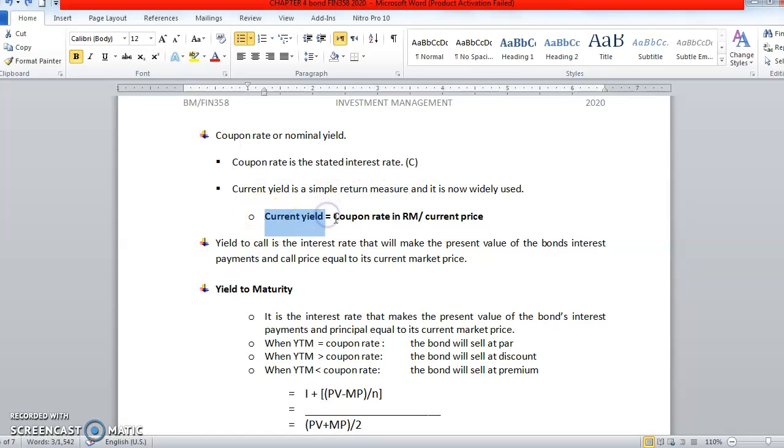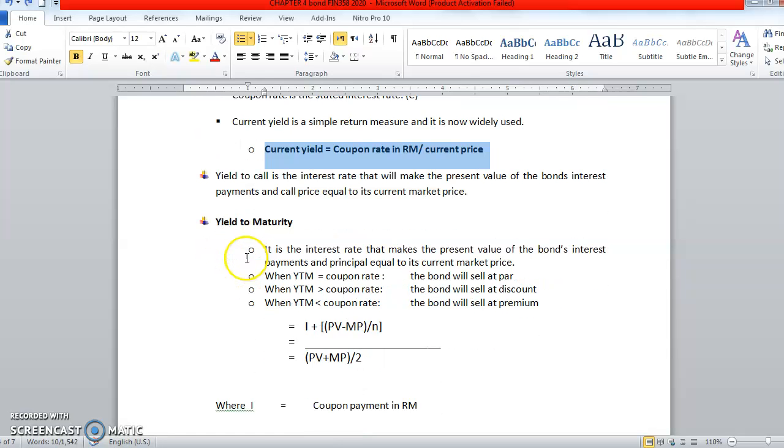We have to divide the coupon in RM. Remember, it must be in RM. If it's given in percentage, you have to convert the percentage coupon rate into RM and divide by the current price. Okay, so this is how we calculate the current yield. I'll show you later on, right?